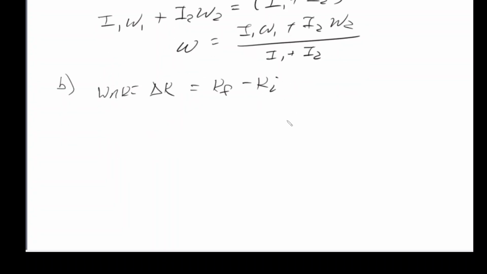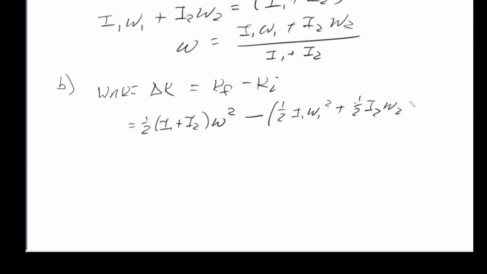And so for these disks, the final kinetic energy is equal to 1/2 (I1 plus I2) omega squared, because kinetic energy is equal to 1/2 inertia times omega squared, minus the initial kinetic energy, which is 1/2 I1 omega-1 squared plus 1/2 I2 omega-2 squared.